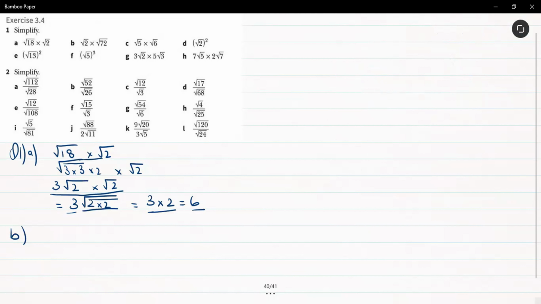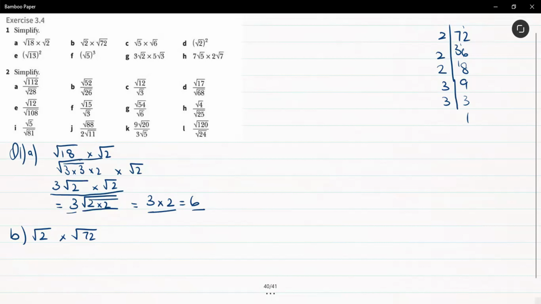Okay, for part B, we have under root 2 multiplied by under root 72. Again, what I would prefer to do is simplify this. 72, I would get 3 2s are 6, 2 6s are 12, 2 8s are 16, 2 9s are 18, 3 3s are 9, 3 1s are 3.